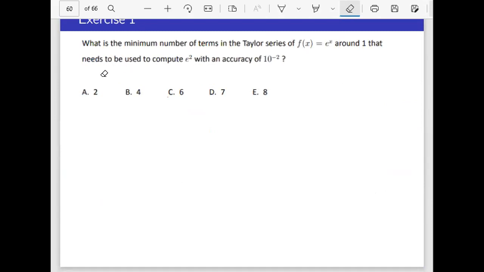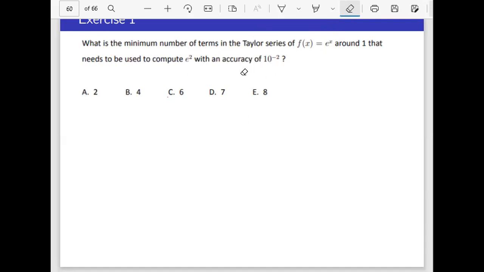What is the minimum number of terms in the Taylor expansion of exponential around 1 that needs to be used to compute e to the 2 with an accuracy of 10 to the minus 2? How many terms should we include to approximate this with this accuracy?